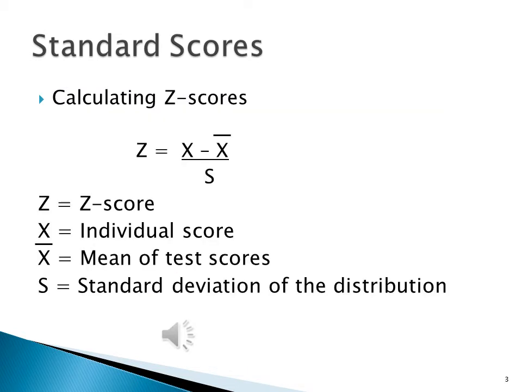To calculate a z-score, I look at the individual score on a test, the mean of all the test scores on the same test, and the standard deviation of the test. Using these factors in the equation listed on this slide, you calculate the z-score.